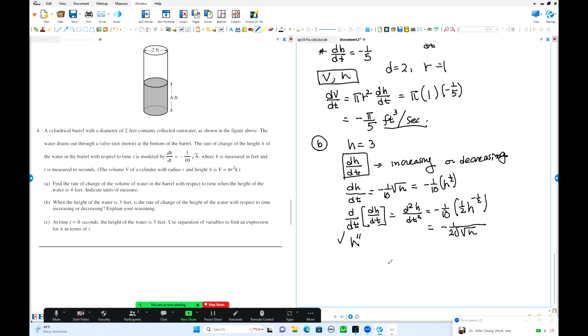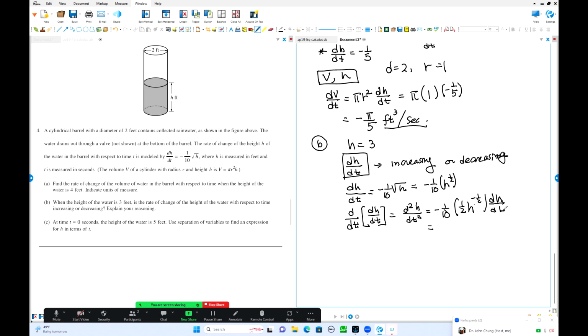I forgot one thing. Sorry about that. Because h is a function of time, this is a chain rule. When we move over here, we take dh/dt again.